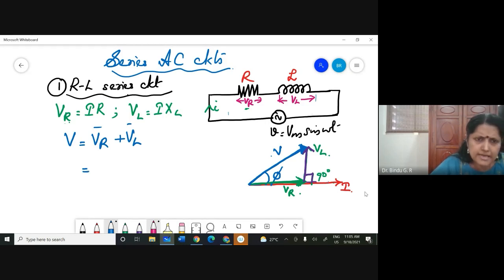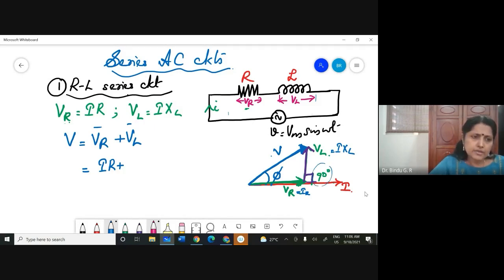VR I can write as IR, and this VL I know is IXL. Can I add them just by algebraic addition? Is that possible? No, I cannot just add mathematically like that. But I know that IR and IXL are shifted by an angle of 90 degrees. So how will I bring that concept here?